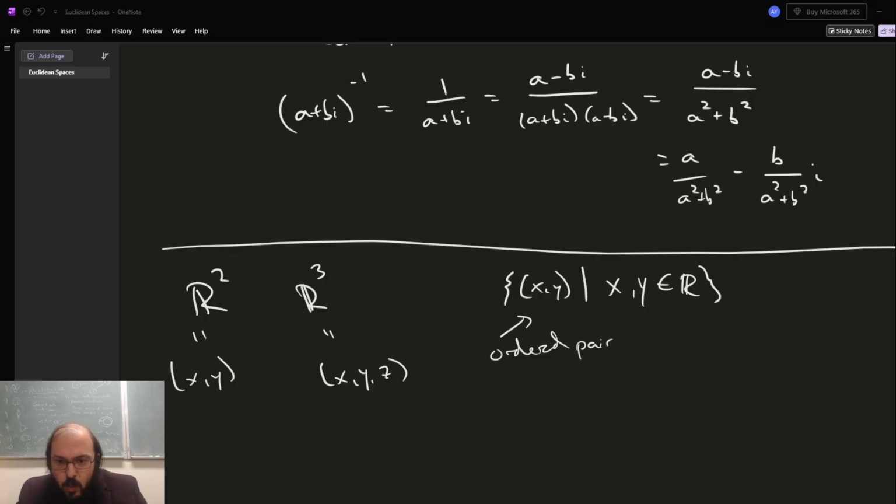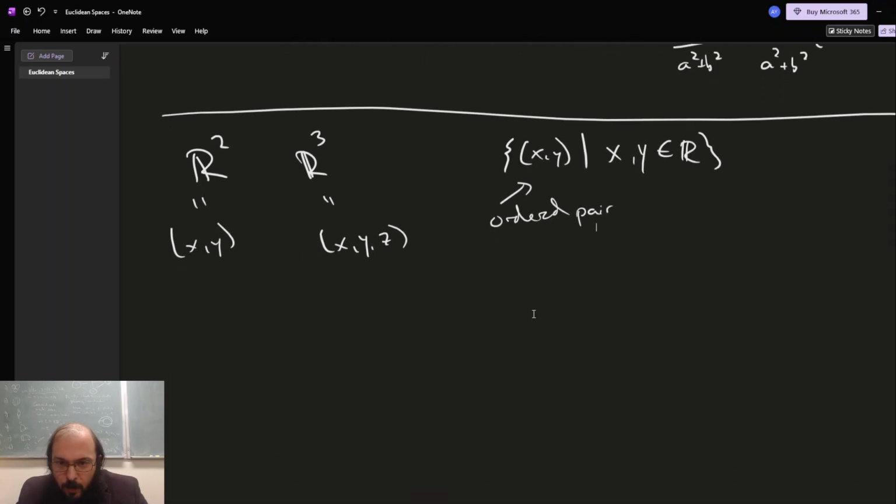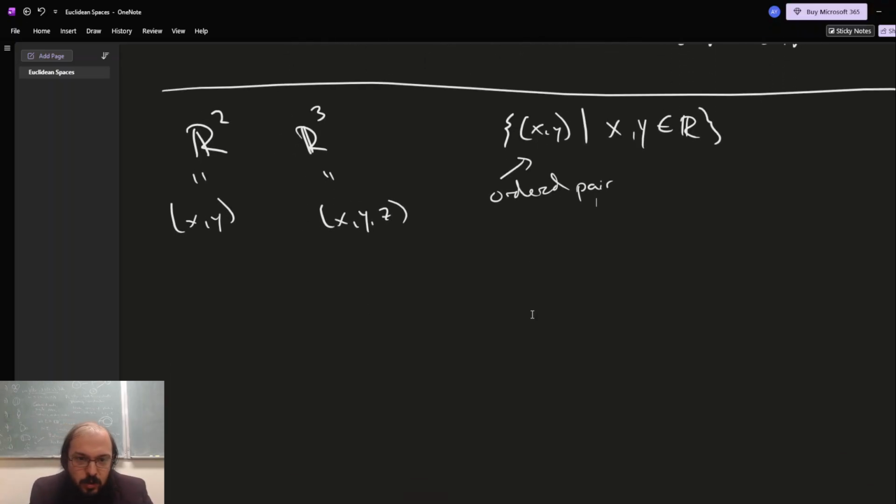And I think that was why I sort of started wondering a little bit about whether or not the word list is a good term to use here. It is the term that Axler uses, so we can use it.